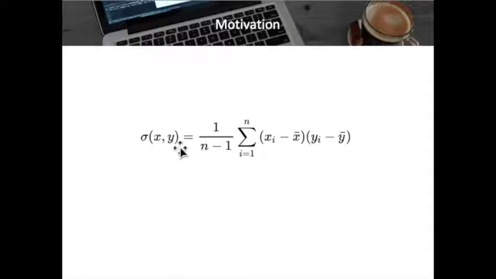The covariance, on the other hand, describes how two variables vary together. So, for example, this could be the height of the person as well as the weight of the person.